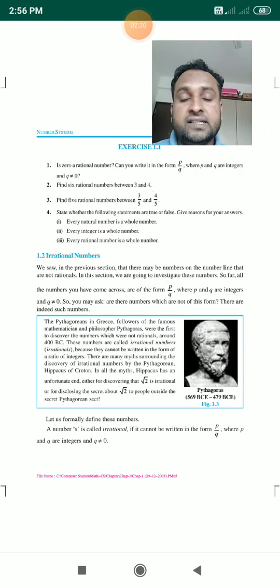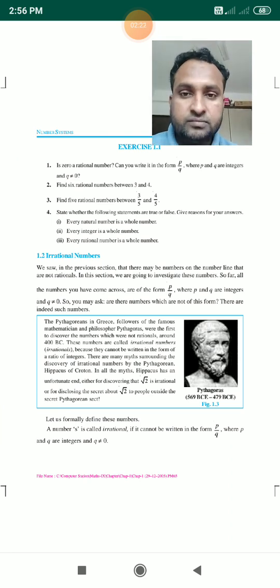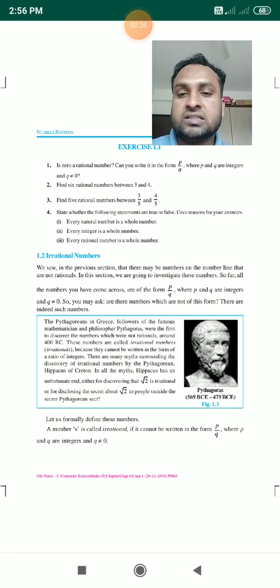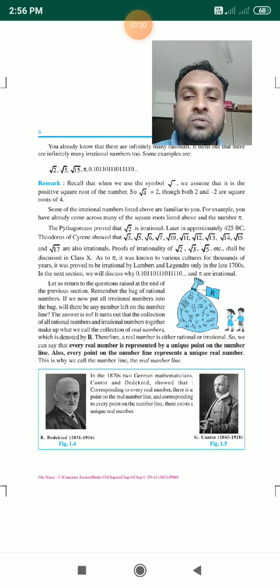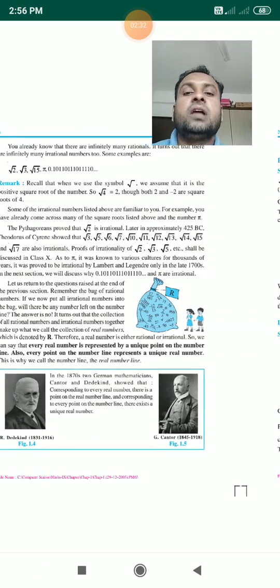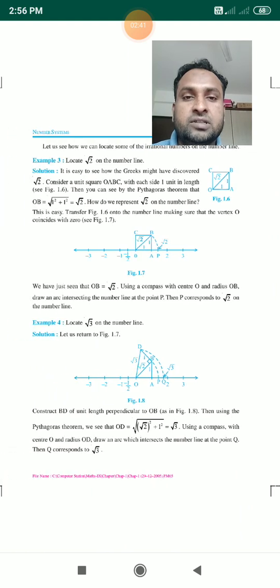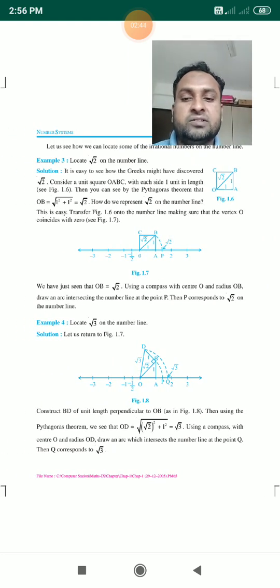Now see exercise 1.1. How to represent rational numbers between two given rational numbers. There are two methods I taught, you have to see them. Then what are irrational numbers and how to represent them on the number line. See the page I displayed on the screen.